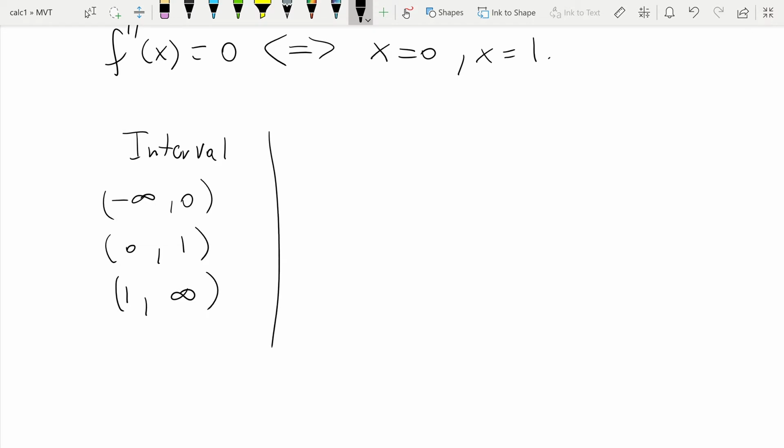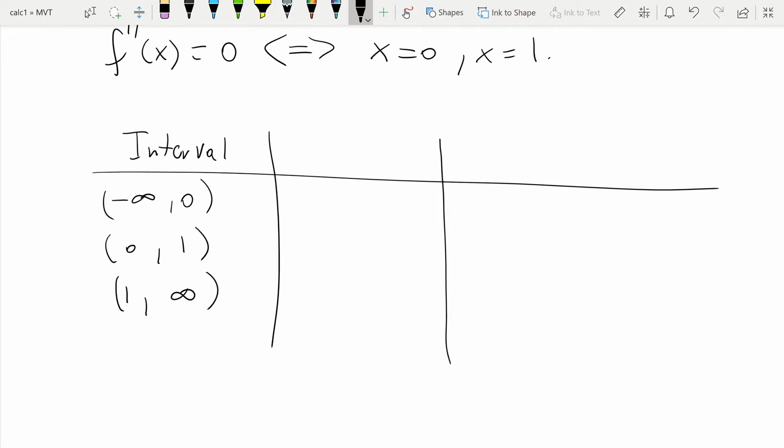Remember, just like in the case of the first derivative test, to know the sign of the second derivative, we simply need to test at one point inside the interval because the sign remains unchanged.